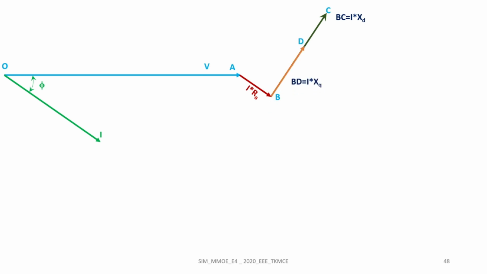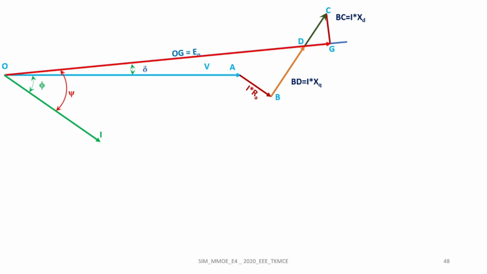The length of BD is around 0.6 times that of BC. Then we join O and D and extend it. From point C we draw a perpendicular to this extended line so that it will meet at point G. The length OG represents the induced EMF E0. Then the angle between E0 and I is psi, and the angle between E0 and V is the load angle delta.